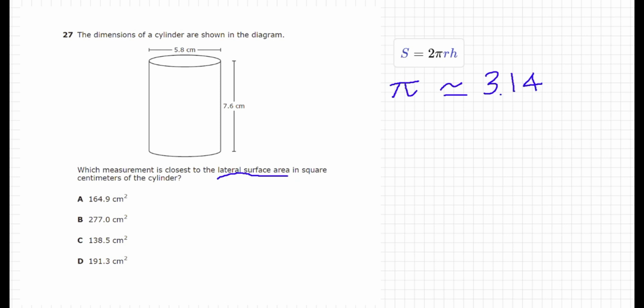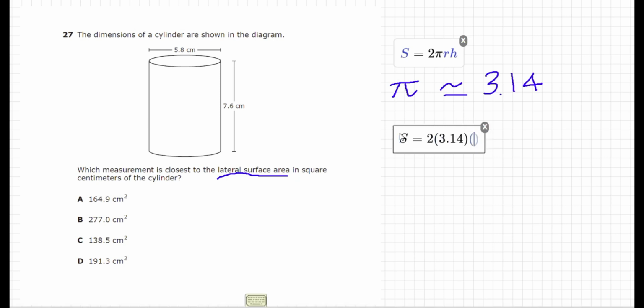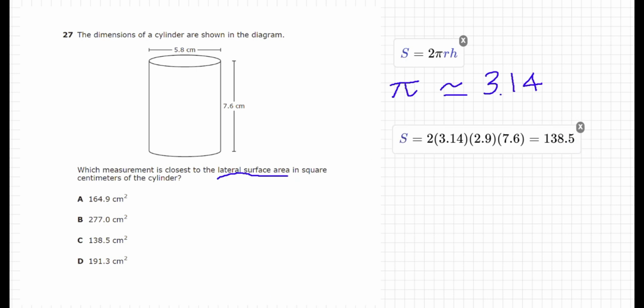R is half of the diameter, which is 5.8 centimeters divided by 2, equals 2.9. H is the height, which is equal to 7.6. Hence, S equals 2 times 3.14 times 2.9 times 7.6 equals 138.5 square centimeters. Therefore, C is the correct answer.